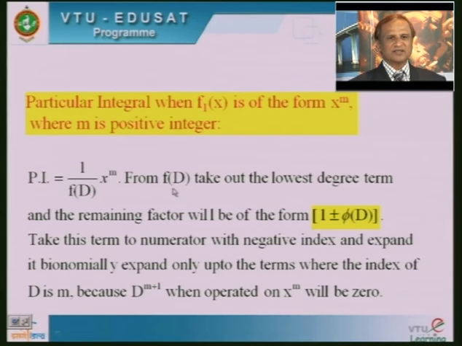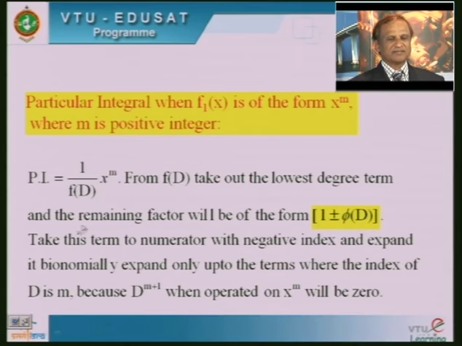From f(D), take out the lowest degree term, and the remaining factor will be of the form 1 plus or minus some function of D. Friends, we have to identify the lowest degree term from f(D). Take it out, and write the remaining thing in this form.